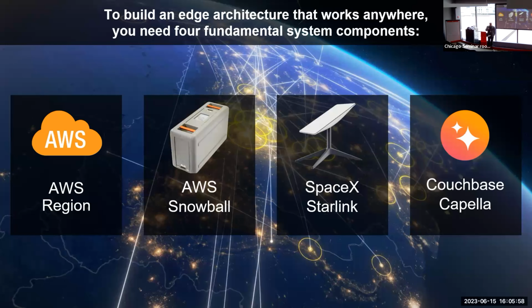So to fulfill each of these requirements, we assembled the ASC or ASK stack, and it's comprised of, of course, AWS, world's leading cloud infrastructure provider, AWS Snowball, and this is an edge service from AWS that provides secure, portable, rugged devices that are about the size of a suitcase, an appliance, basically.